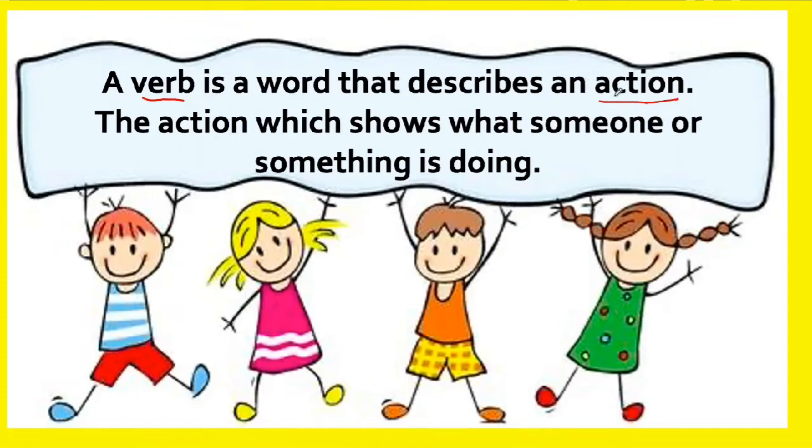The action which shows what someone or something is doing. Whatever someone or something is doing, that is called action, and all the actions are verbs. Okay? So let's just begin with some examples.